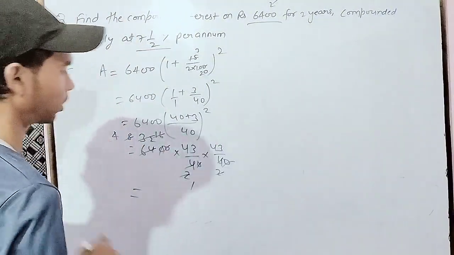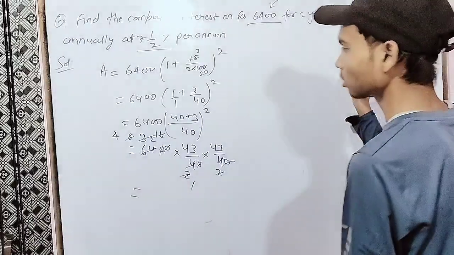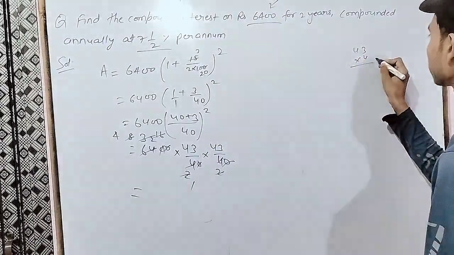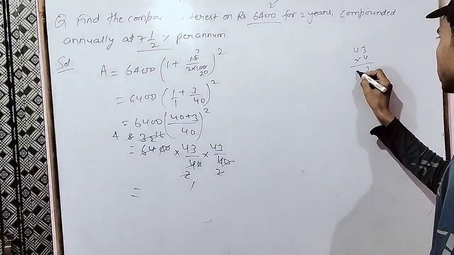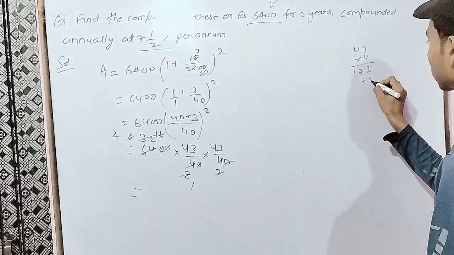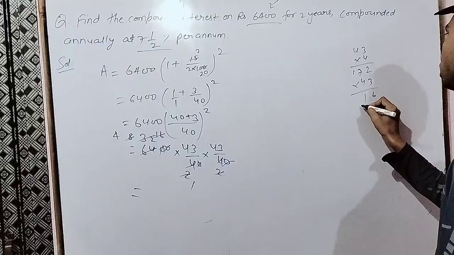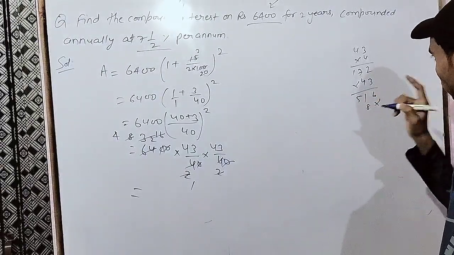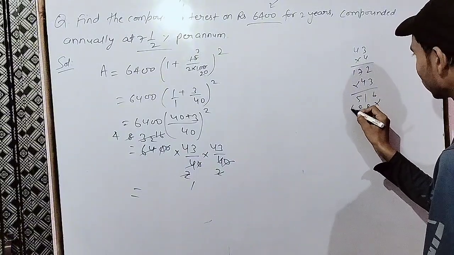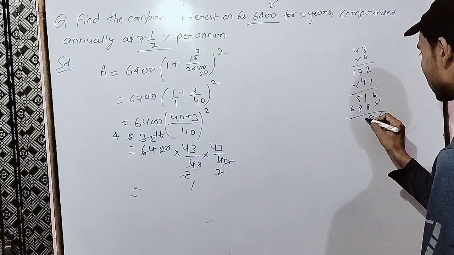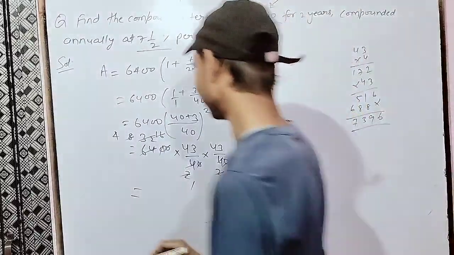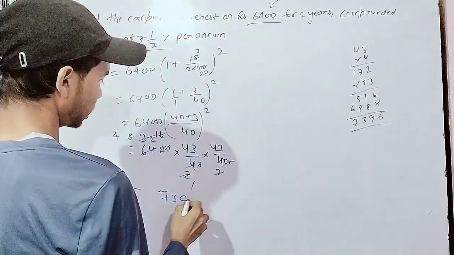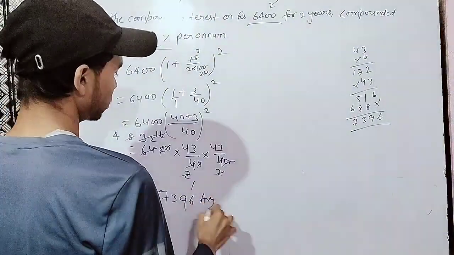Now we have here only 4. 43 4s are, it will become 4 4s are 16, 70 again, 43 6 1 5 8, 22 6 6 9 3 7. How much? 703. 7,396. This is the final amount.